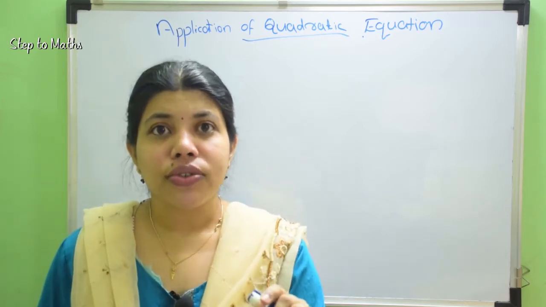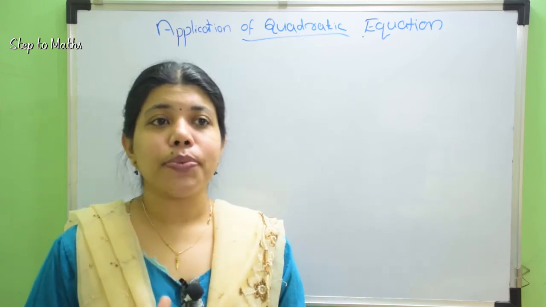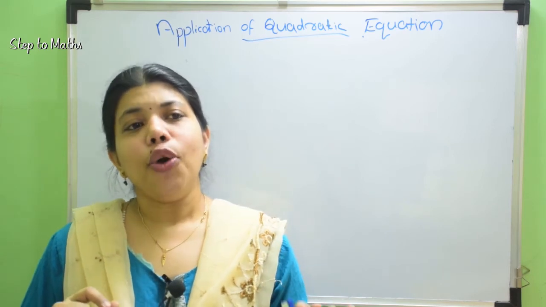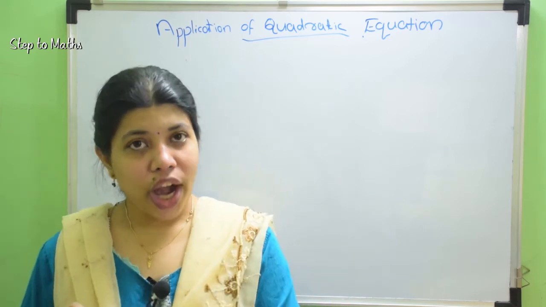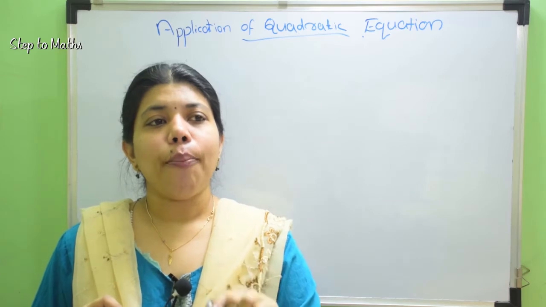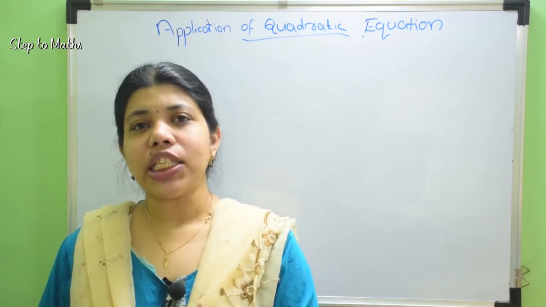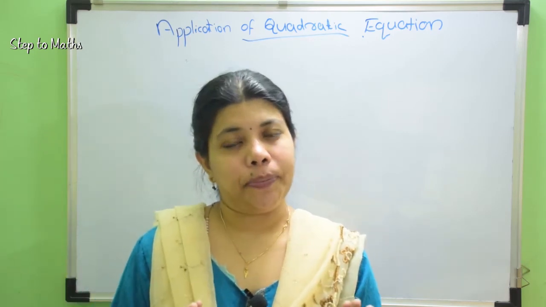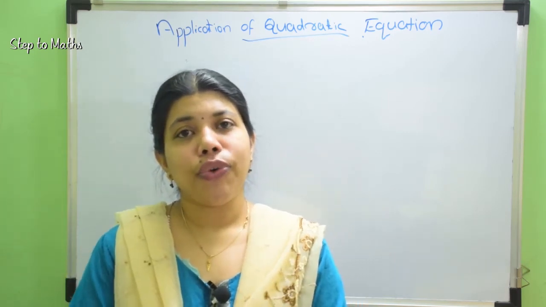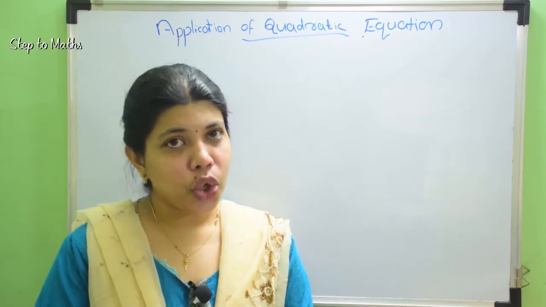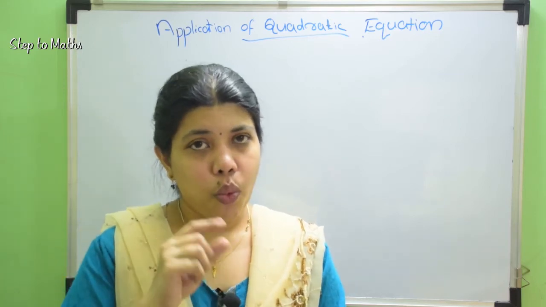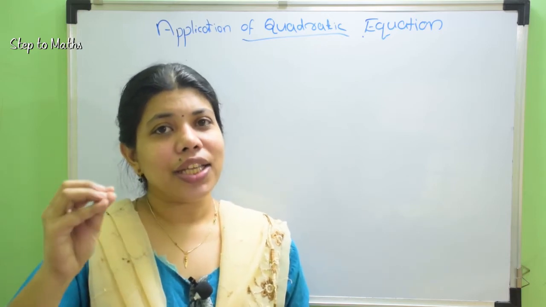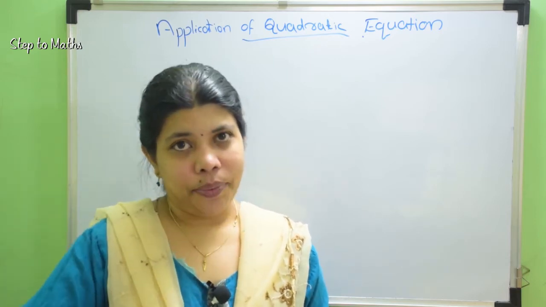If the production cost of all pots per day is rupees 600, find the production cost of one pot and the number of pots he makes per day. That is our question. We have to find the production cost of one pot and the number of pots he makes in one day.